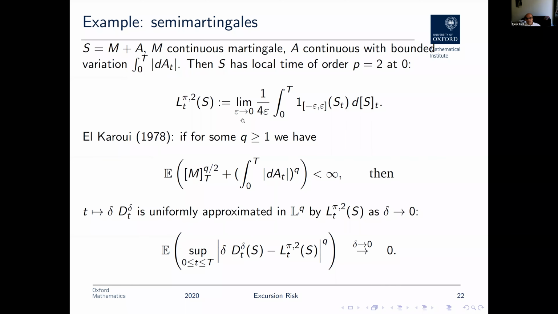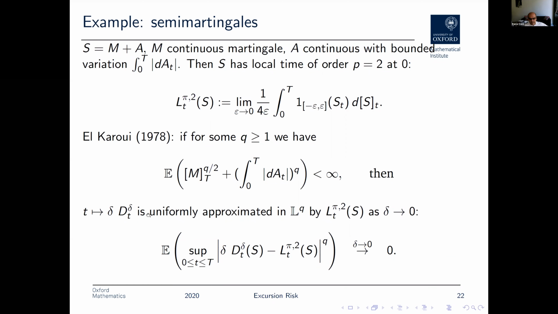And in fact, these quantities and the relation in the semi-martingale case between this local time and level crossings was studied by El Karoui in 1978 for other reasons. I'm not sure for what reason, but she completely characterized the relation between the local time and this quantity, which we call delta t, the number of level crossings of size delta, so delta excursions.